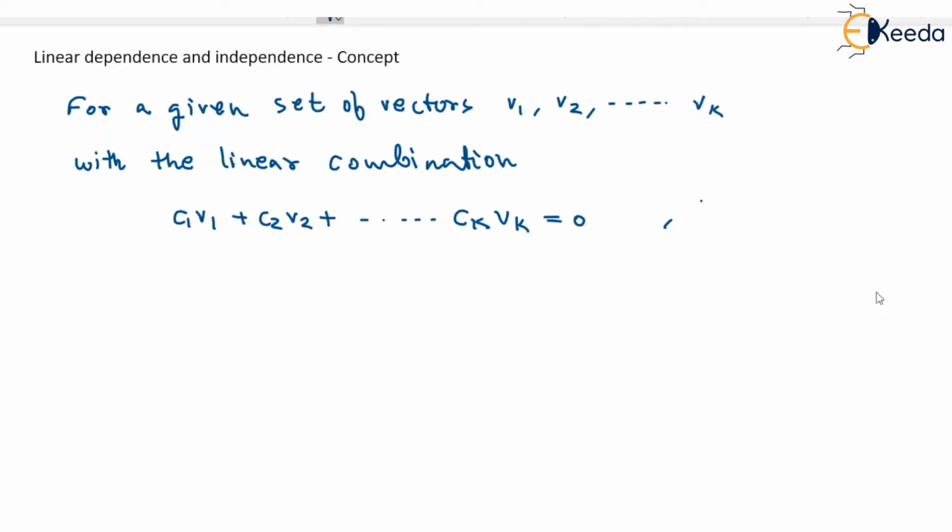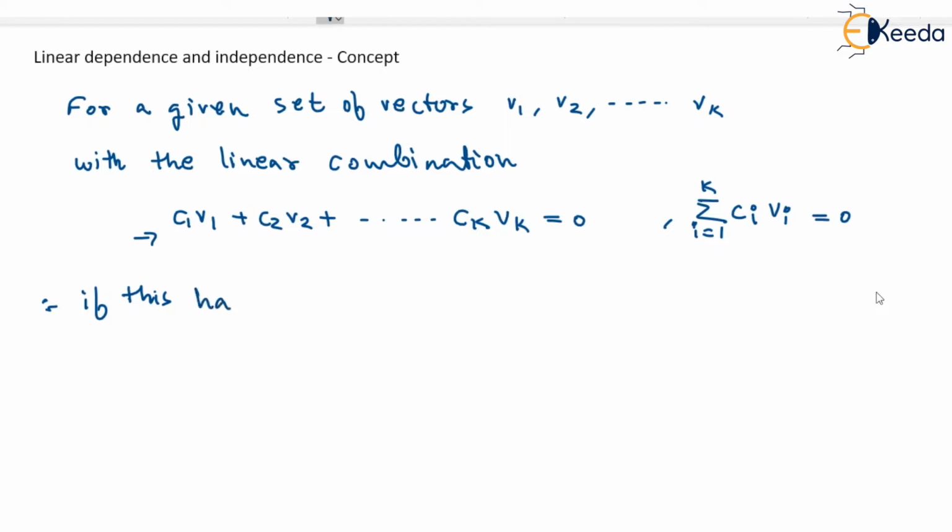Otherwise we can write it as the sum of ci vi for i equal to 1 to k equal to 0. So let's say we have some set of vectors v1 to vk and we have a linear combination of such order. Then if this linear equation is satisfied.